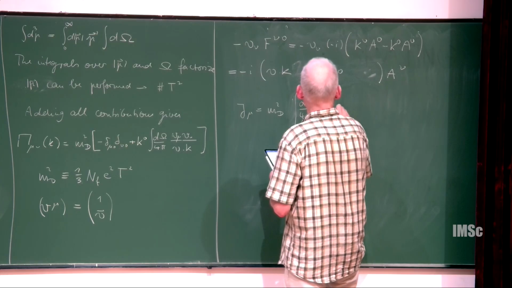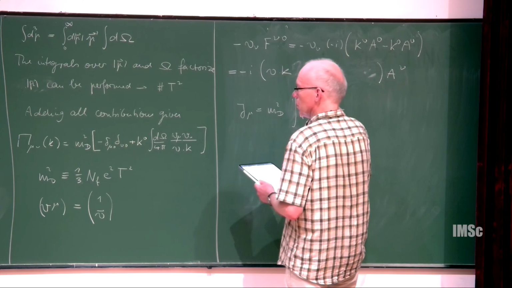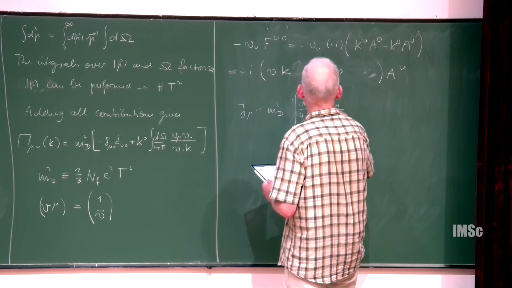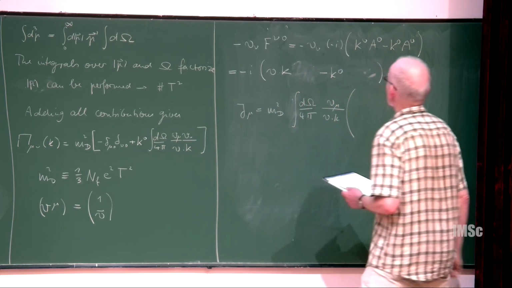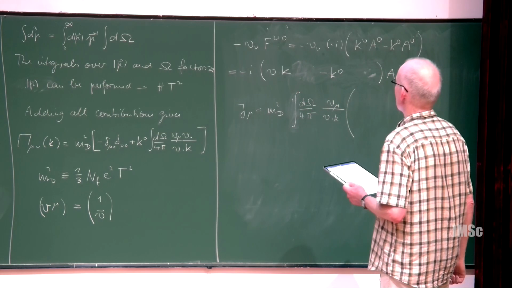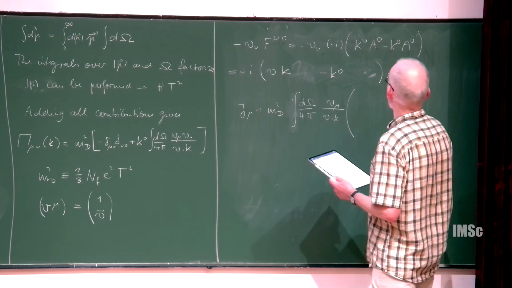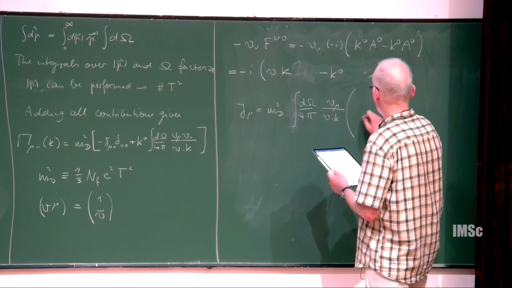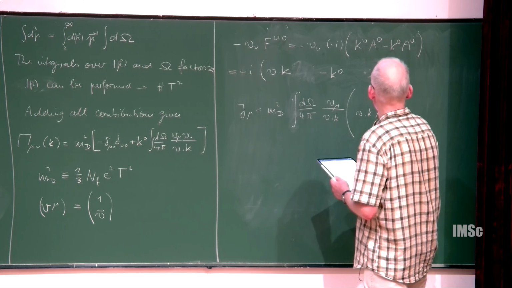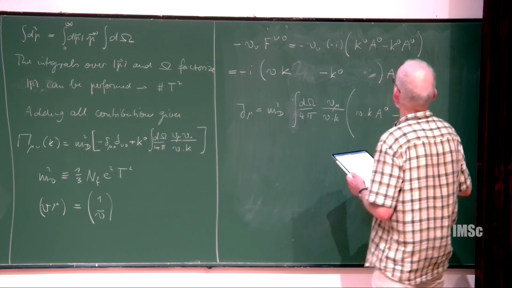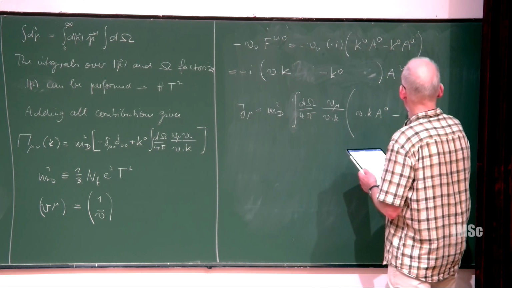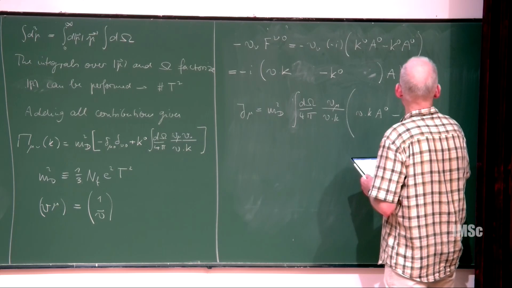The integral, and then v^μ over v·k. And the first term is v·k A^0. And the second term is k^0 v·A, that is v^ν A_ν.